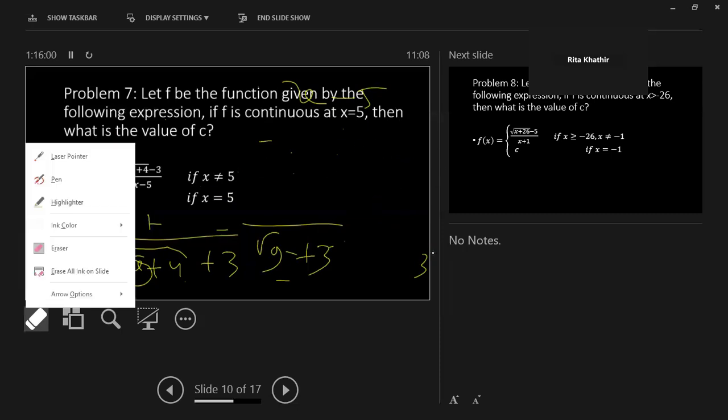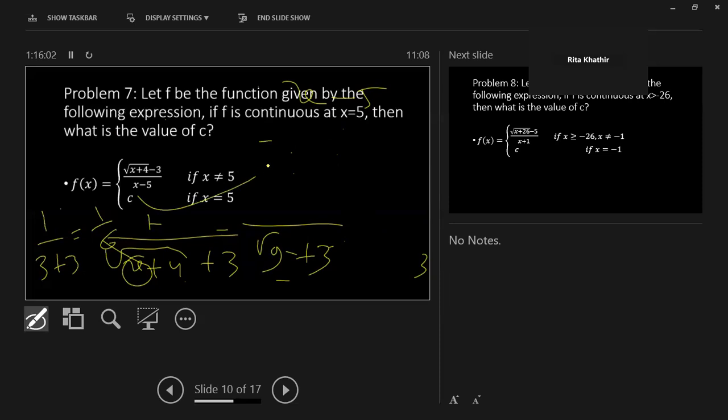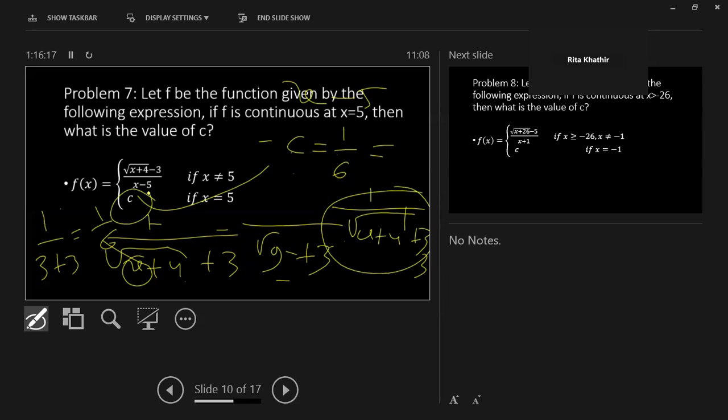So we get the answer: c is 1 over 6, or you can also put it as 1 over the square root of x plus 4 plus 3, if you want to make a function here. The value of c is that, to avoid over 0.